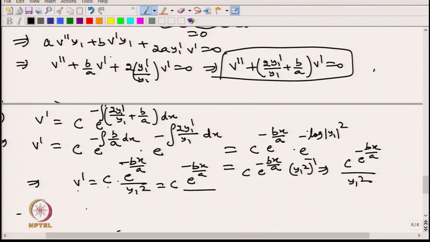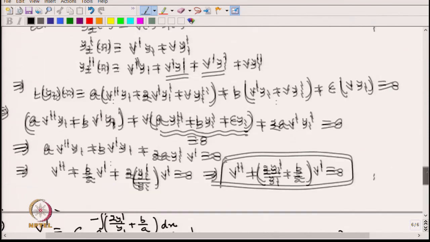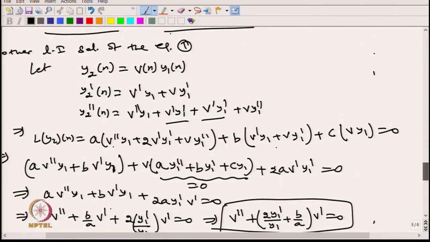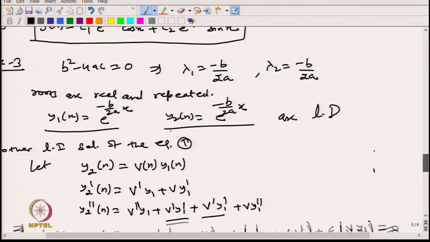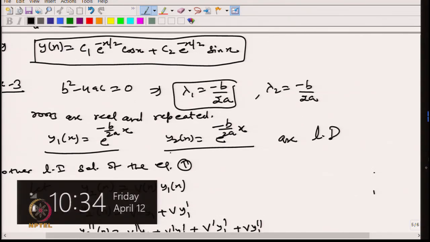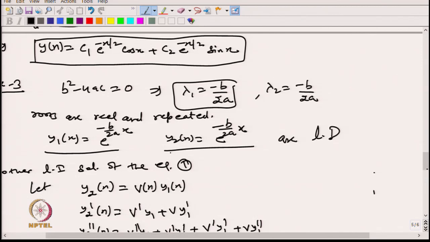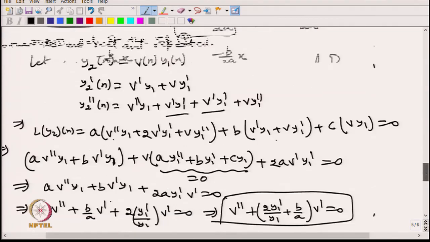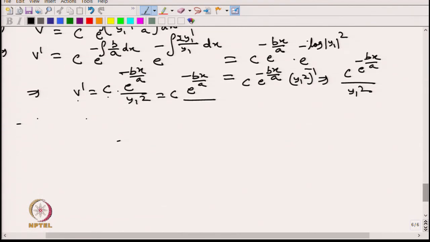If you see the y1, my y1 was e raised to power this. So, this is my y1. So, from here if you see, my y1 was e raised to power minus bx by 2a and the squaring of this one.